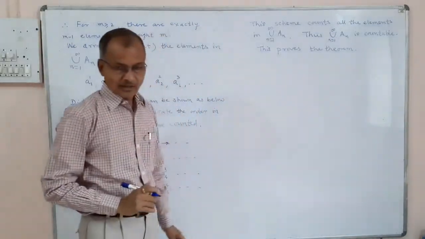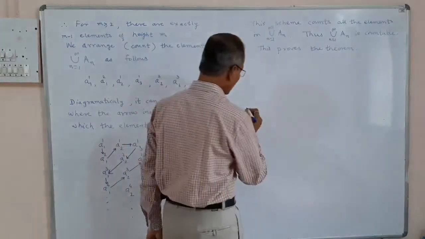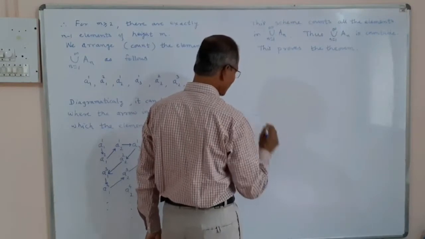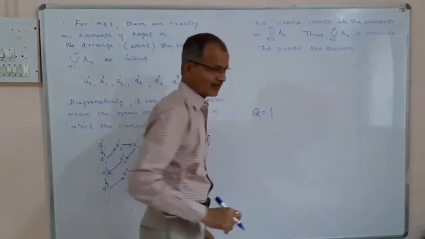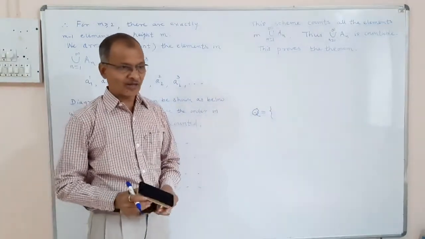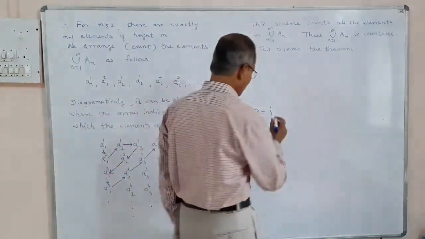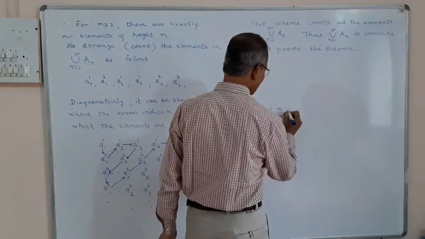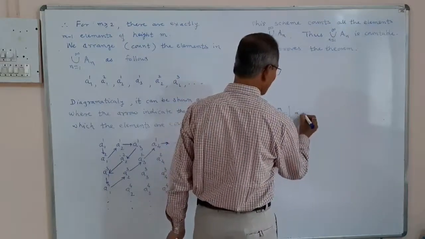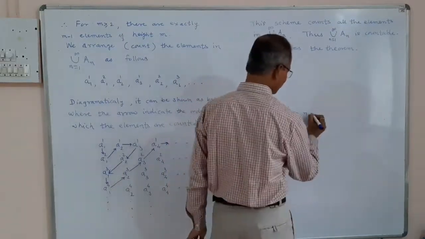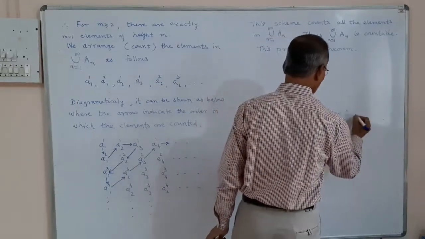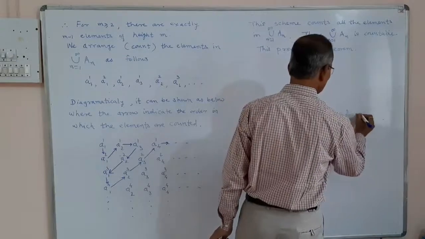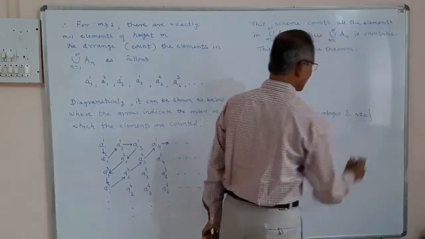But before that, you should know what the notation for the set of rational numbers is. In the usual way, we denote it by Q, and it is defined like this: numbers in the form m by n, such that m, n are integers, and the condition is n is not equal to 0.